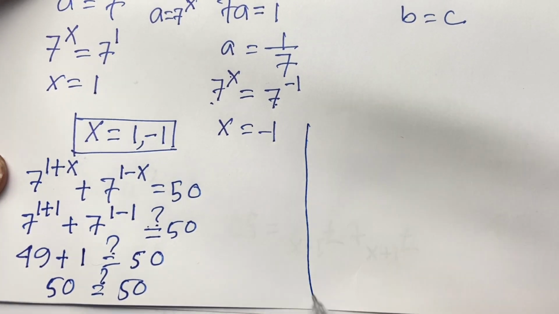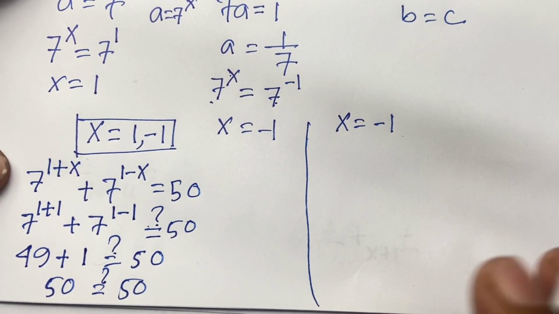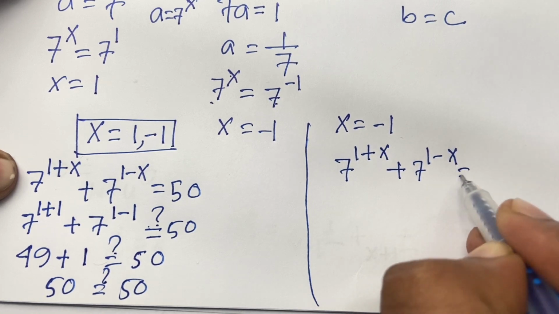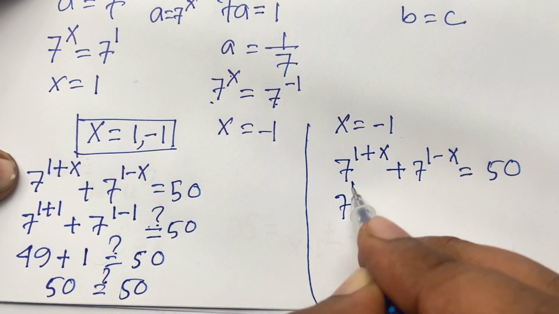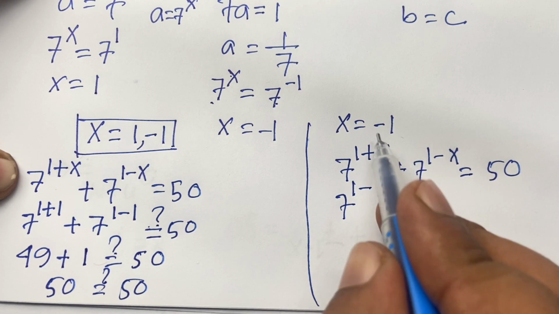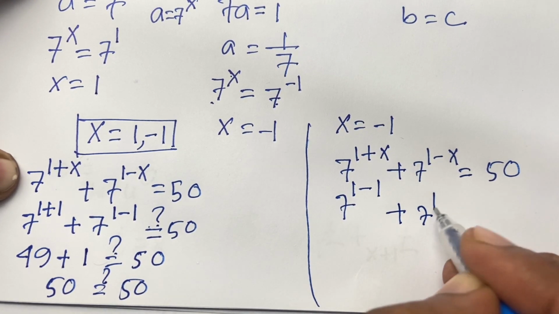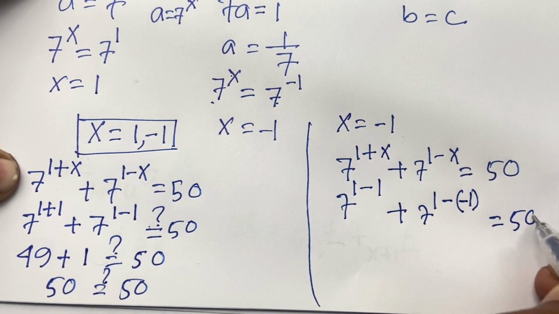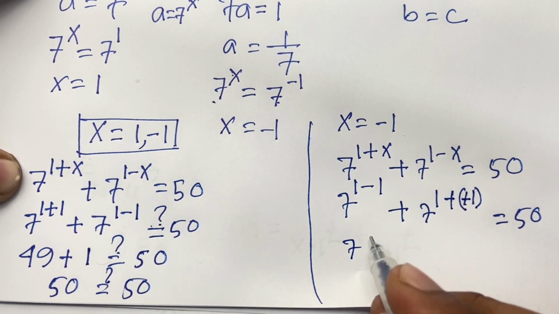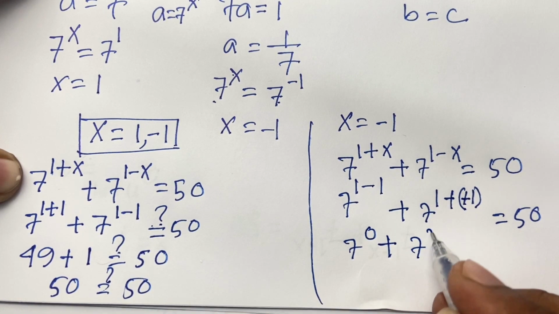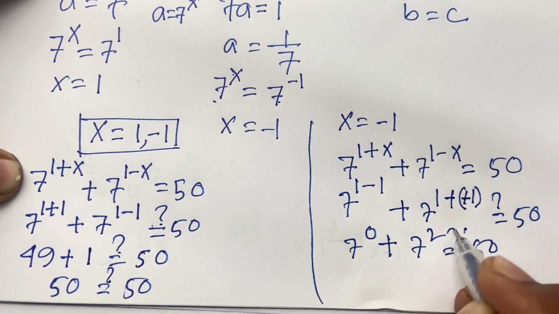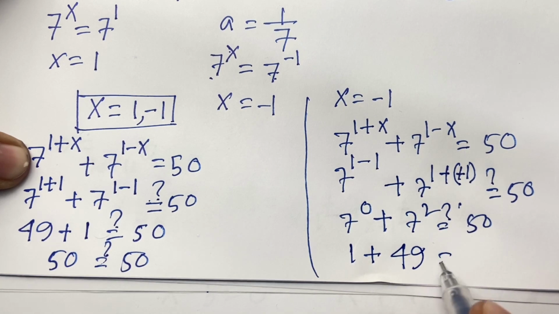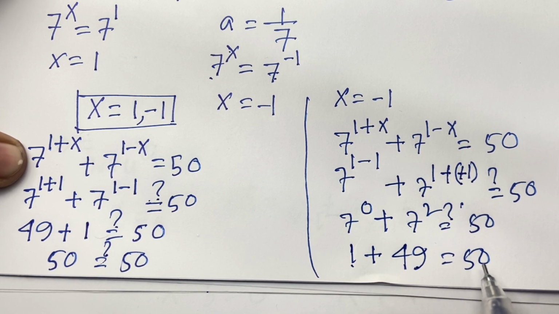And again, we check x equals minus 1. Our equation is 7^(1+x) + 7^(1-x) = 50. With x equals minus 1, we get 7^(1-1) plus 7^(1+1) equals 50. Now 7^0 equals 1, plus 7^2 equals 49, so 1 plus 49 equals 50.